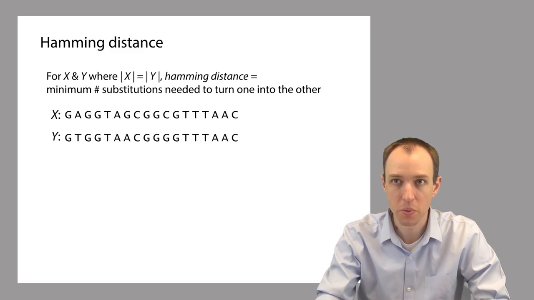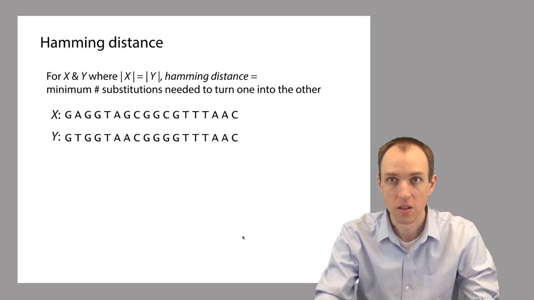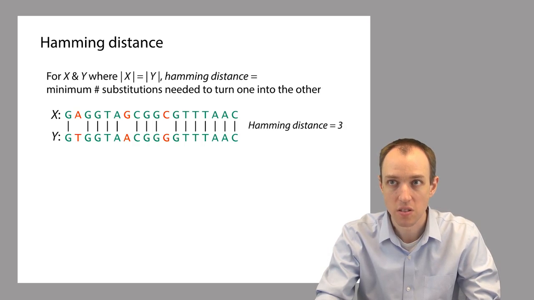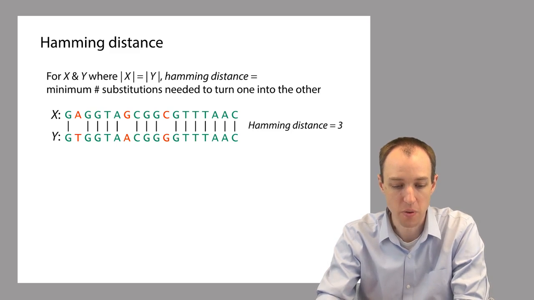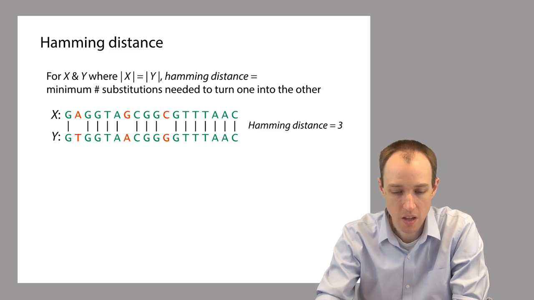So in this example, we would need, let's see, 1, 2, 3 substitutions to turn x into y, or vice versa. So we would say that there's a Hamming distance of 3 between these two strings.